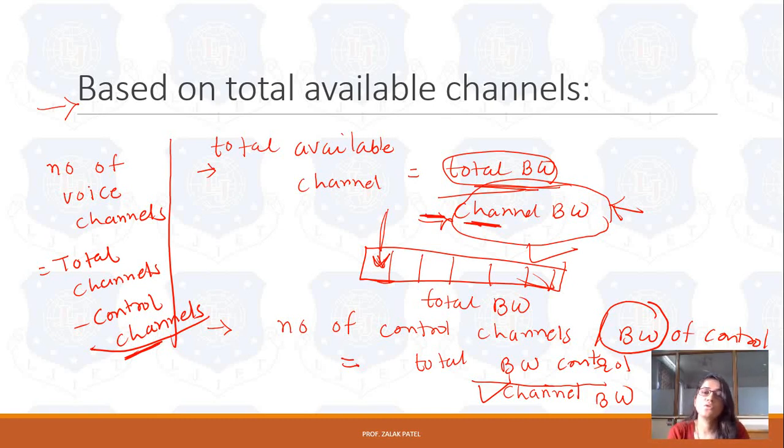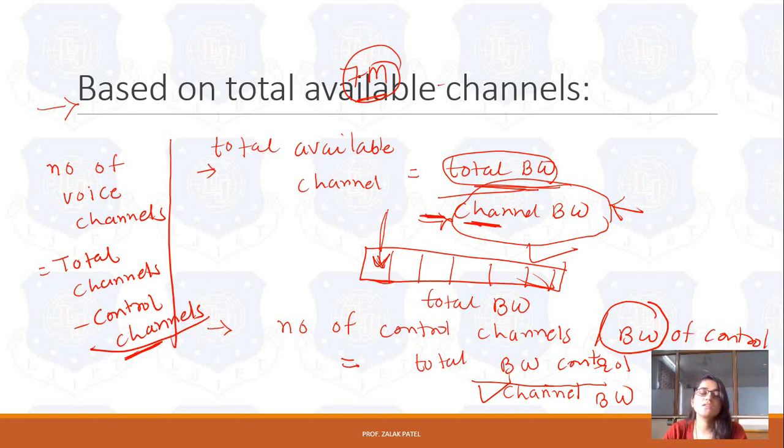This type of question is mostly asked in GTU for the 7 marker, in which all the bandwidth parameters are given and you are asked about the available channels, number of control channels or number of voice channels.